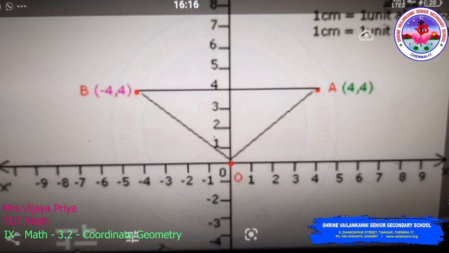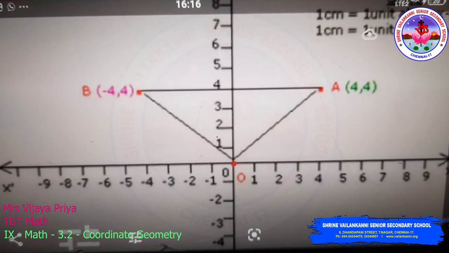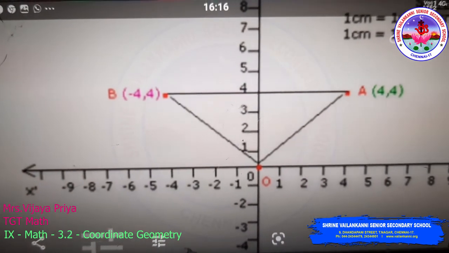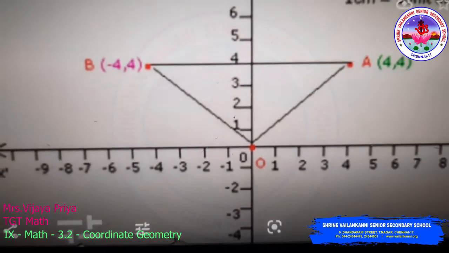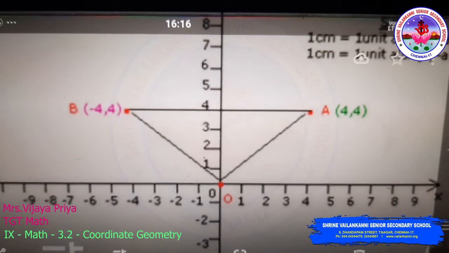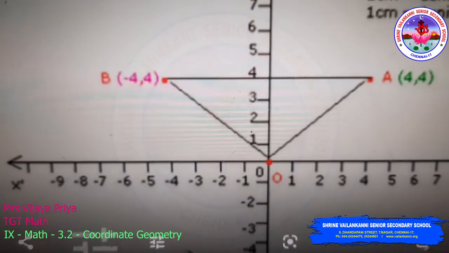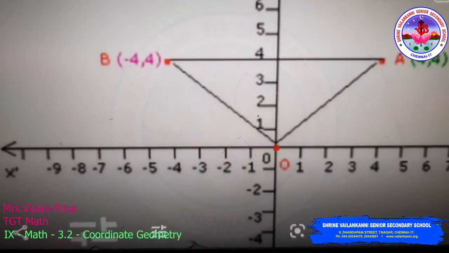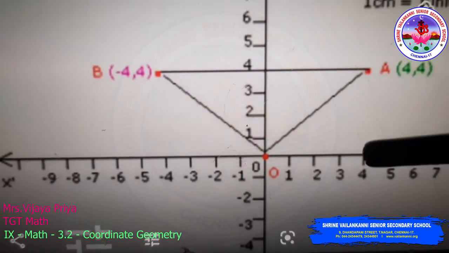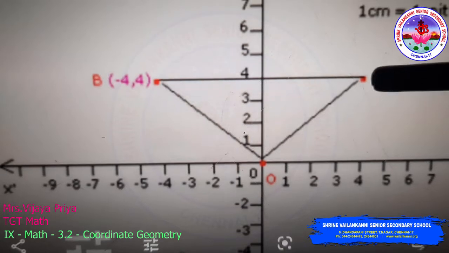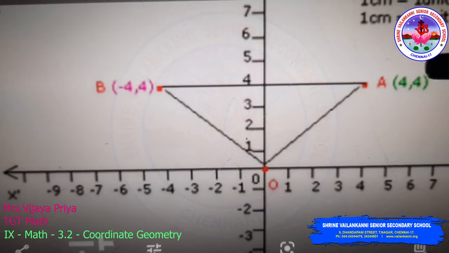Now coming to the graph, we are drawing an x-axis and y-axis and marking the measurements on both axes as 1 unit equal to 1 centimeter. Now plotting the point A, where A is (4, 4), the intersection point of (4, 4) will be the point A here. So I am marking A as (4, 4).